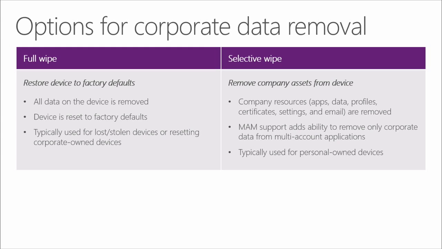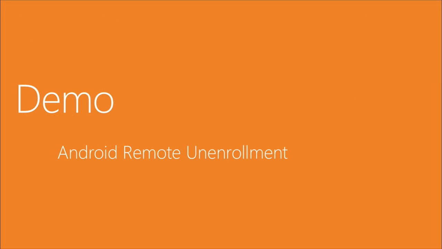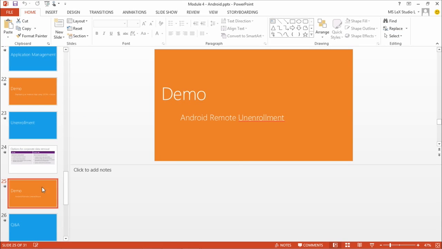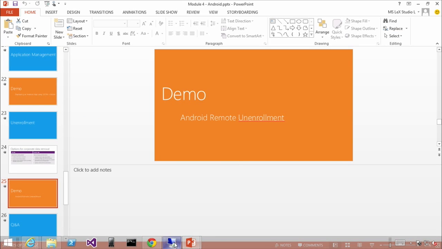So the ability to do selective or full. And on that note, there's actually not a lot more we can do other than go and unenroll the device. So let's go ahead and do that. I think we'll move across to the Intune environment in order to make that happen.